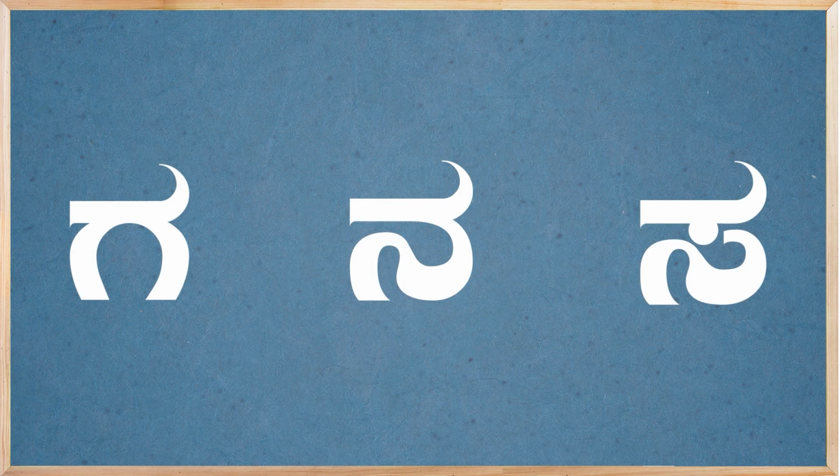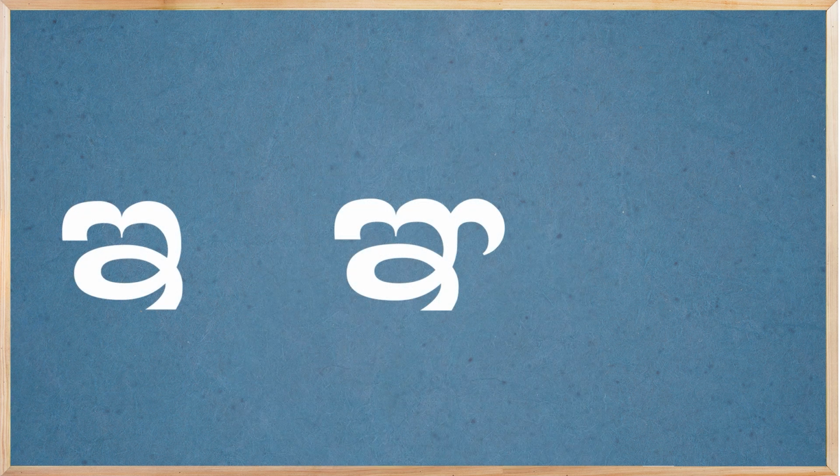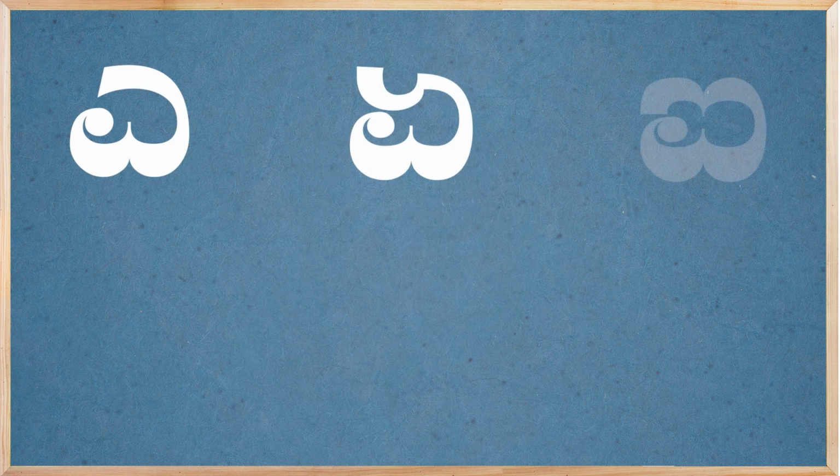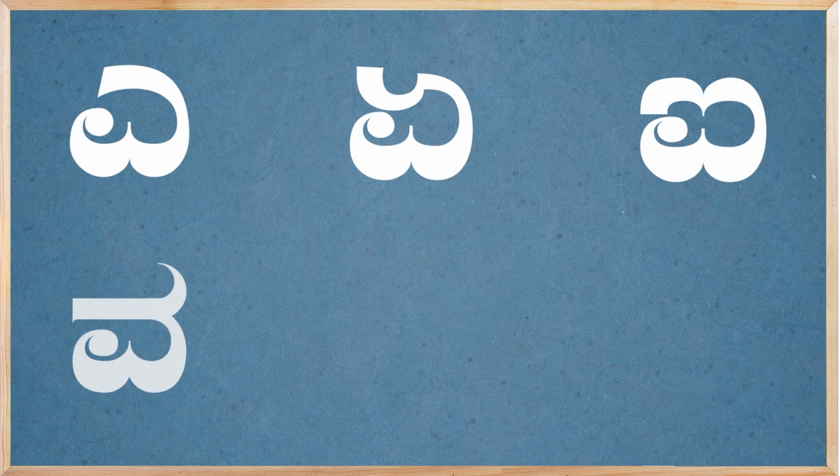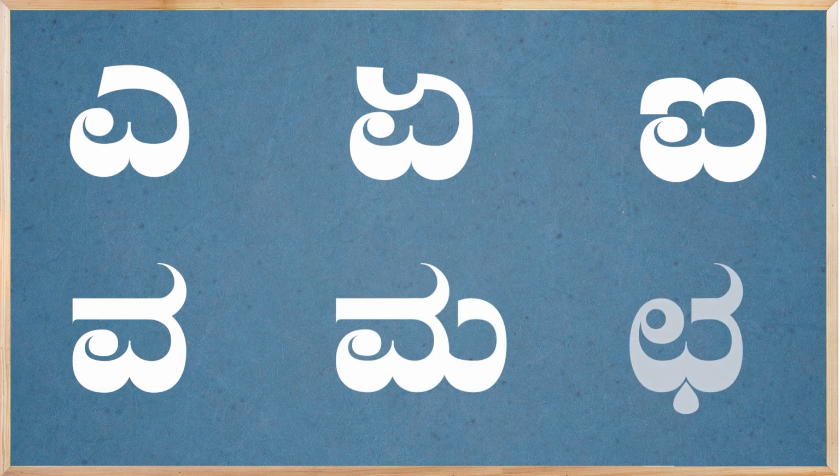We will focus on these 4 categories. In the category 3, we will study Ga, Na, Sa. Then in category 4, E, Nya, Na. Category 5, A, I, Va, Ma, Cha.